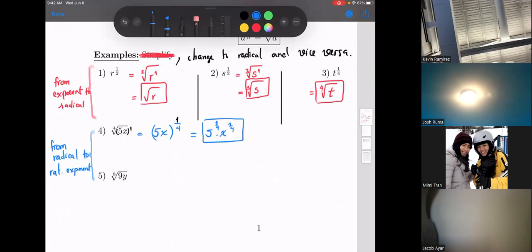I want number 5. I want you to do at least the first step, like I did in number 4. Try from radical to exponent first. Don't worry about the simplification.